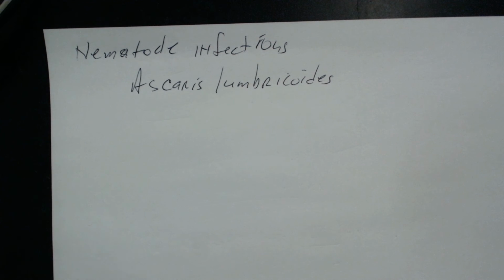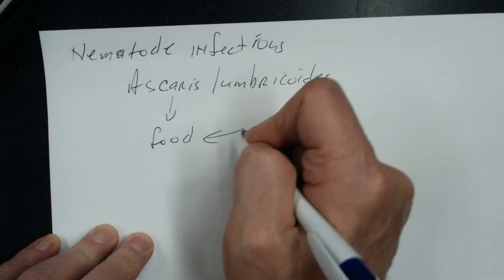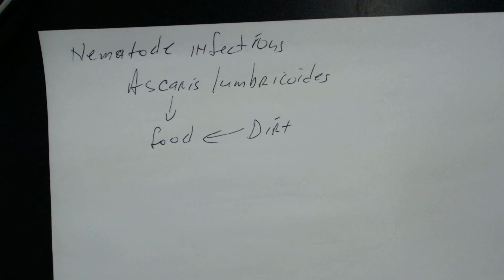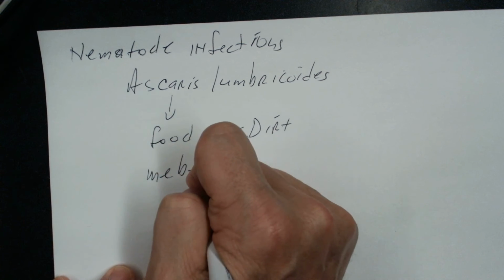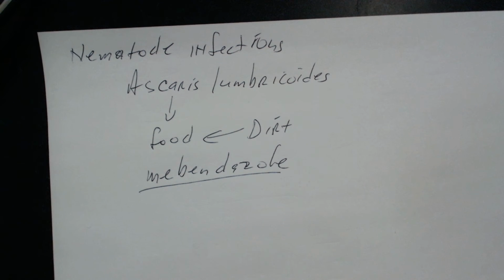The eggs of Ascaris have resistance that is legendary. You get this by eating food contaminated with dirt. The eggs are easy to see in fecal smears. The worm is big and tends to move around in the intestinal lumen, and it tends to cause pain. Fortunately, it's very treatable. Mebendazole is a drug of choice.